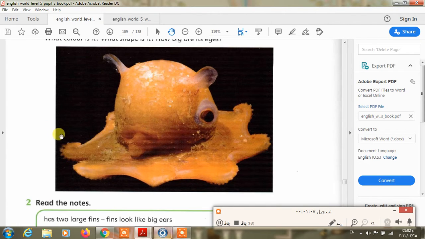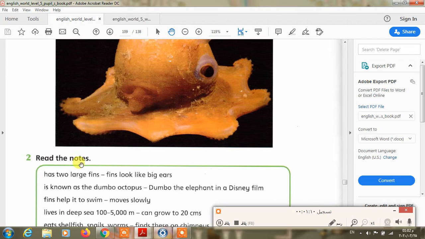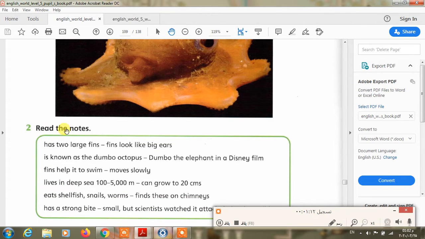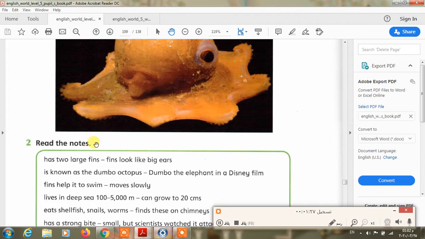It is an octopus. We have here some phrases, some notes, and we have to complete these phrases using some words to give a complete idea. Has two large fins. Fins look like big ears. Is known as the Dumbo octopus. Dumbo the elephant is in a Disney film.